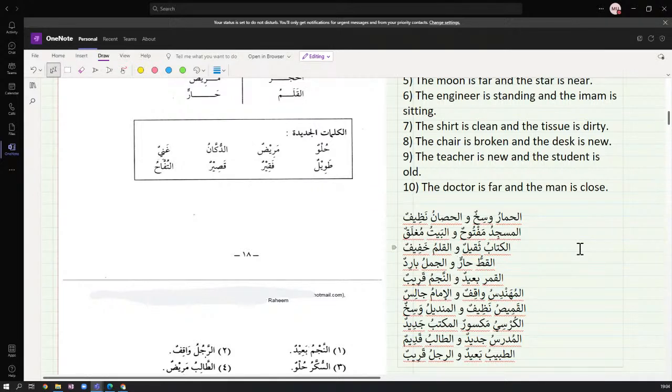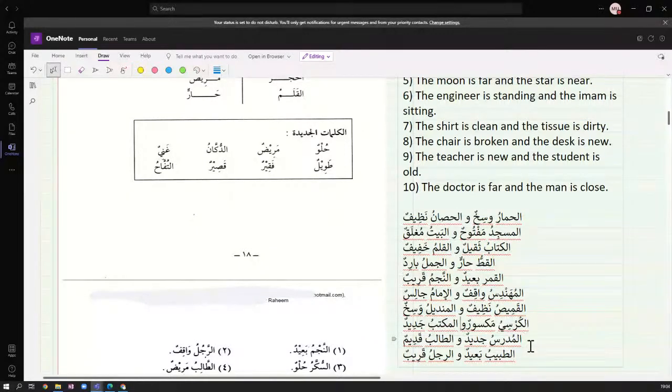الكرسي مكسور والمكتب جديد. You can see here as well, the waw is missing. There we are. And then number 9, the teacher is new and the student is old. المدرس جديد والطالب قديم.